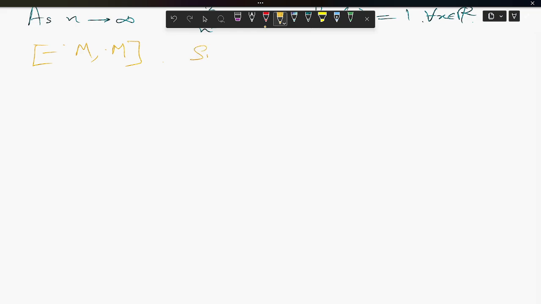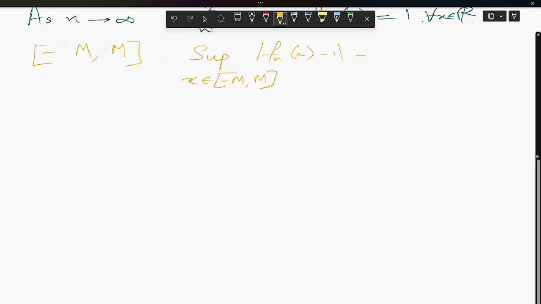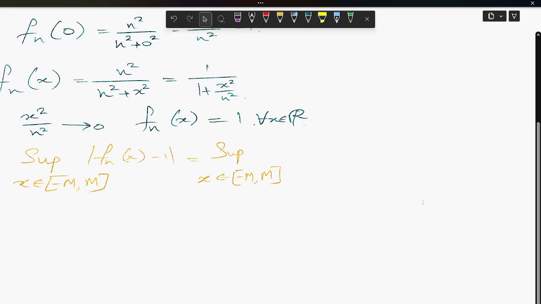That means supremum, x belongs to minus M to M, of mod f_n(x) minus 1, which equals supremum, x belongs to minus M to M, of 1 by 1 plus x square by n square minus 1.